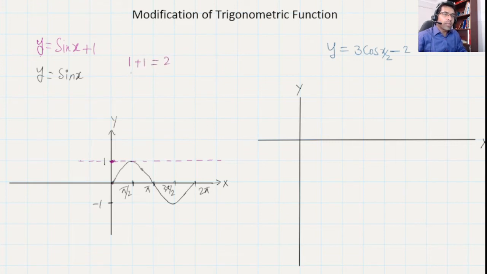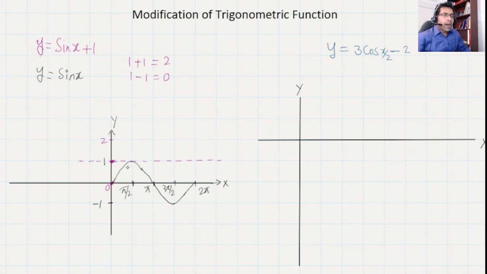For the lower limit, it is your vertical shift minus your amplitude, which gives 0. So the lower part will be at the x-axis, at the 0 value, and the upper limit will be at 2. So we know the graph will move within 2 to 0. That's our upper limit and lower limit, the range of the graph.